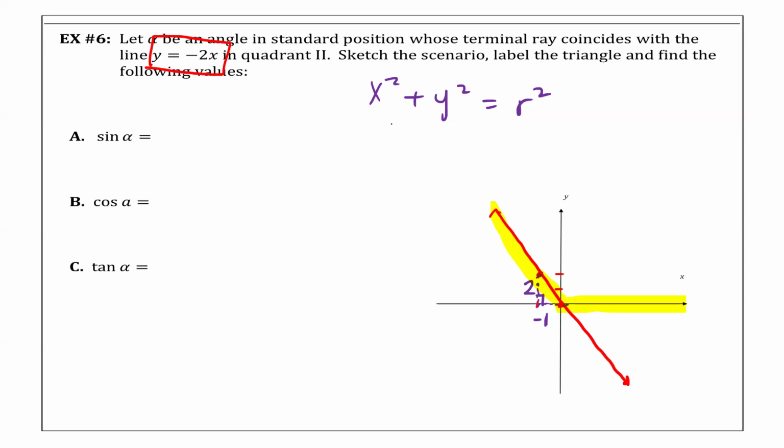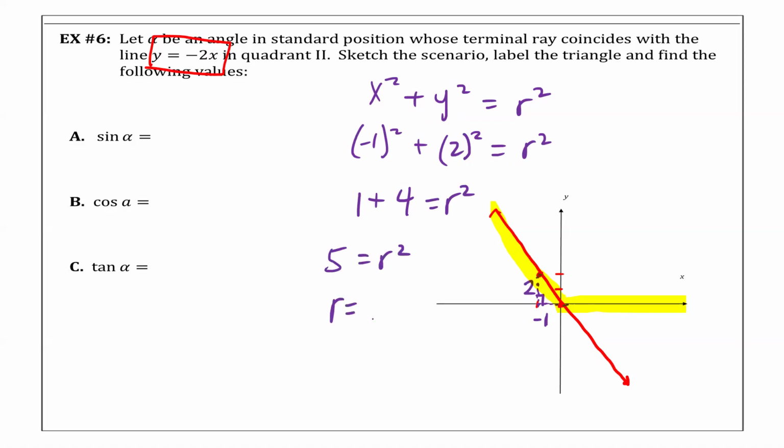Okay, so our x value, which is our horizontal displacement, is -1. Our y, which is our vertical displacement, is 2. We're getting there, Hudson. I got to write it out. Okay, so we have 1 plus 4 equals r squared. That gives us 5 equals r squared. So therefore, r equals square root of 5.